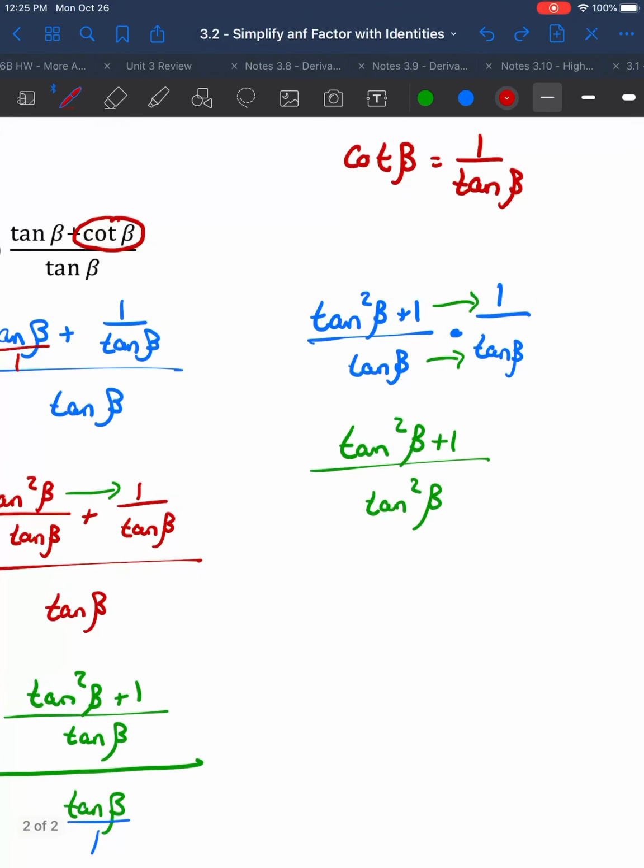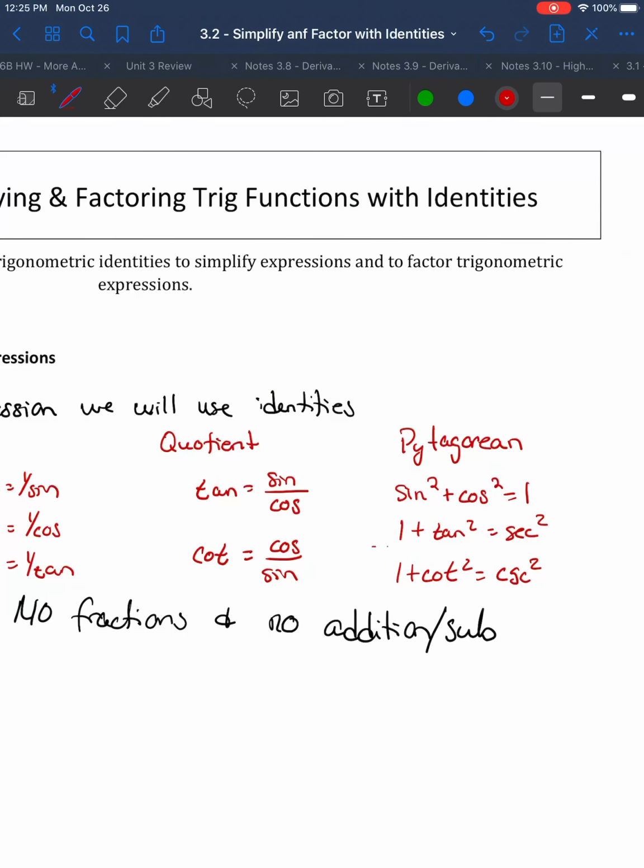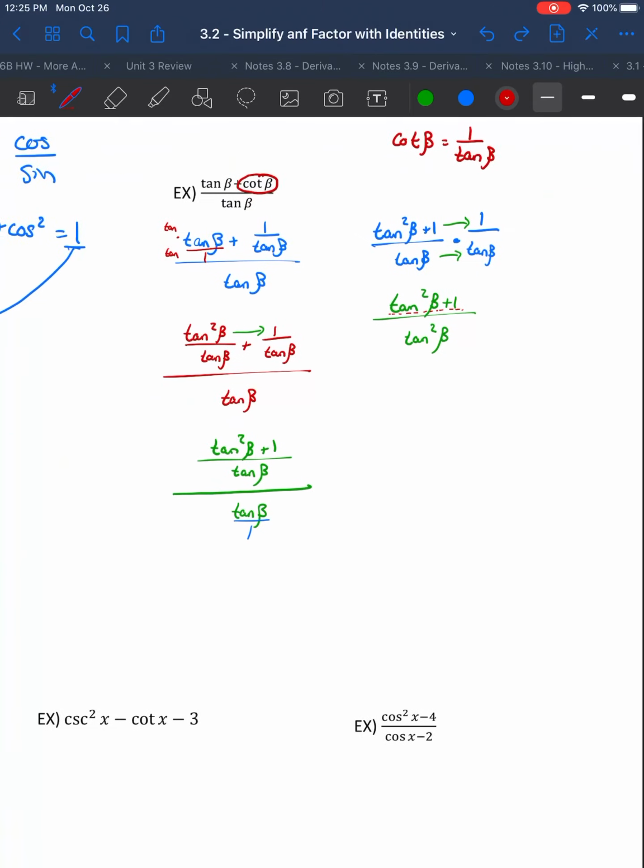However, I now have this tangent squared plus 1. Let's go back and look at our identities. Hey, here is an identity that has tangent squared plus 1. So let me bring that over here to my other problem.